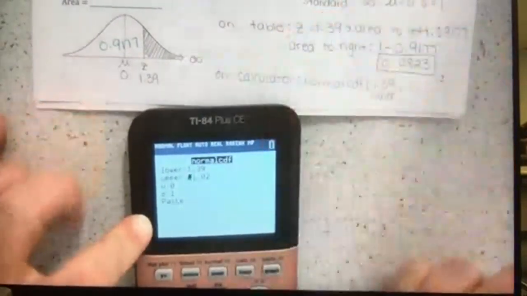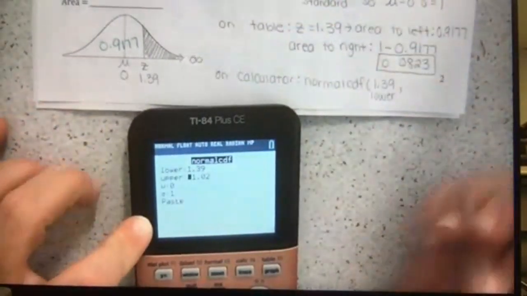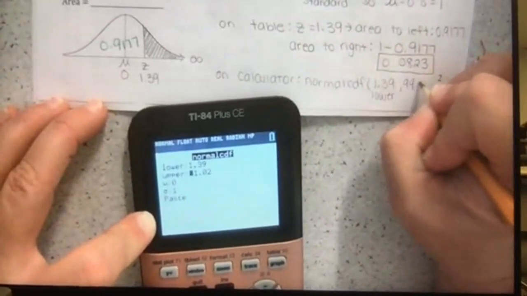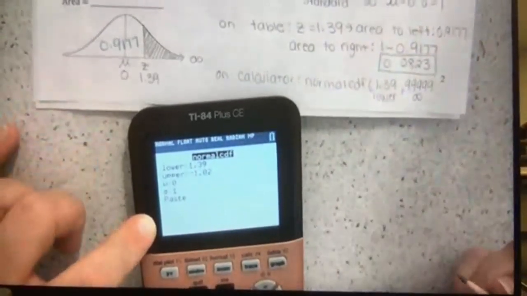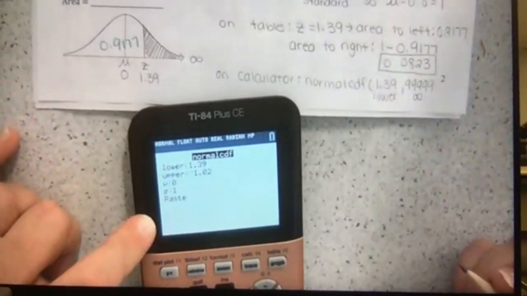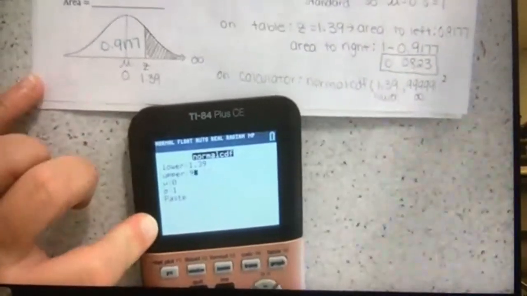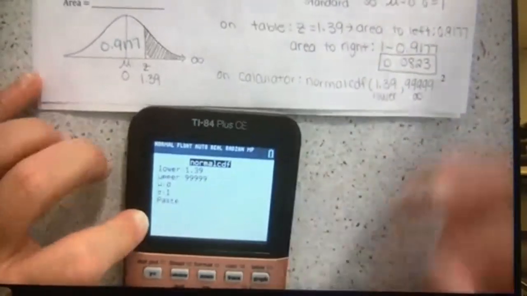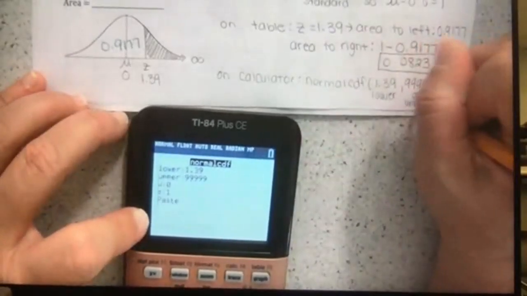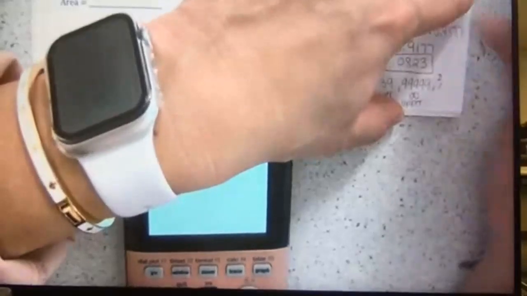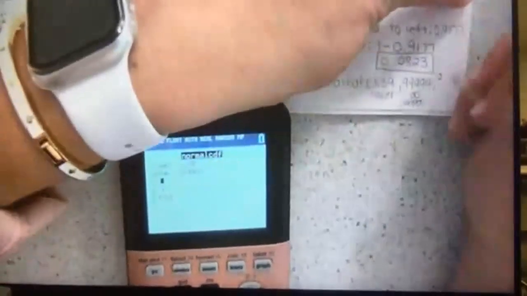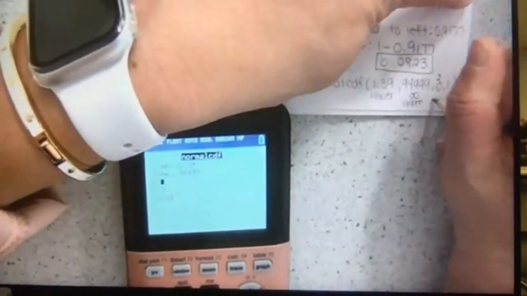Our upper boundary is going to go on forever towards positive infinity. Positive infinity we can show in our calculator as 99999 positive, to show our positive, really big number, which is our upper boundary. Our mean is still 0, and our standard deviation is still 1 because it is normal.